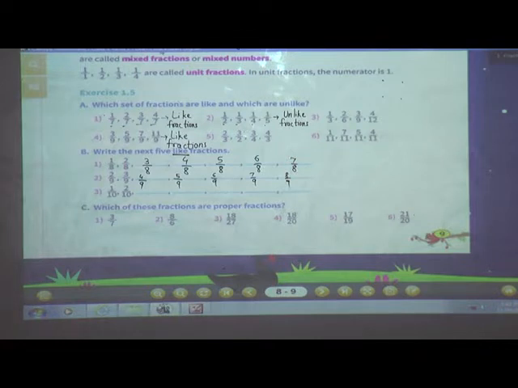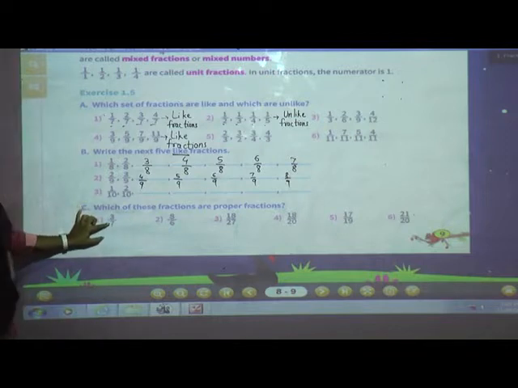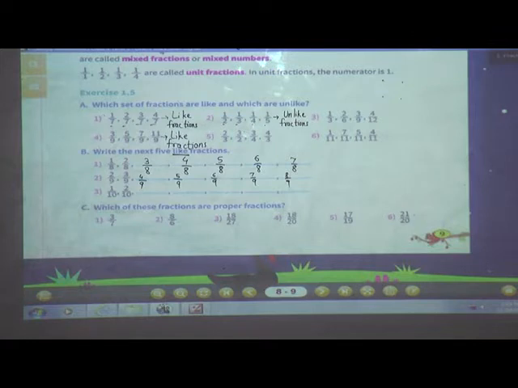Fractions in which the numerator is less than the denominator are known as proper fractions. I'll repeat: fractions in which the numerator is less than the denominator are known as proper fractions.